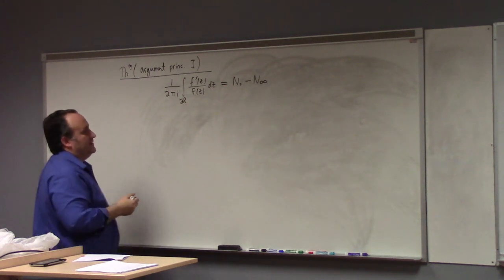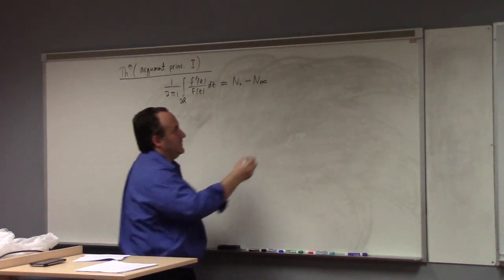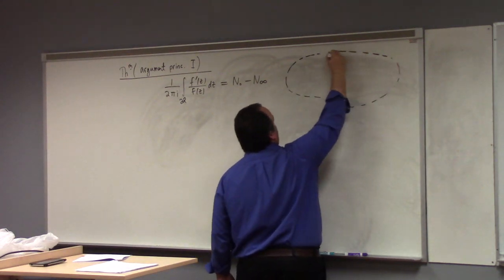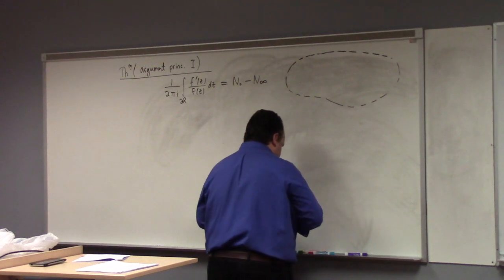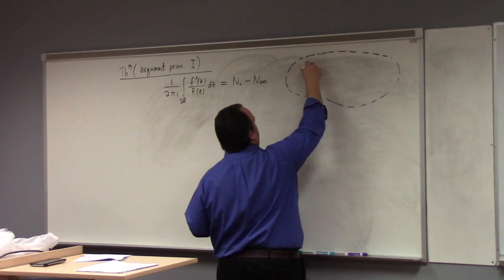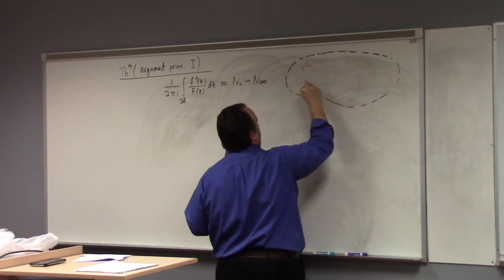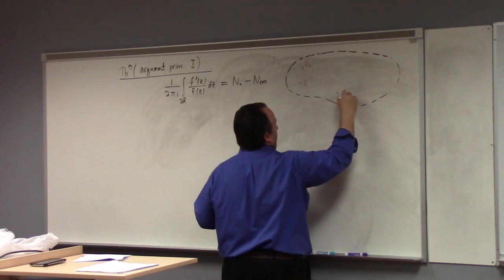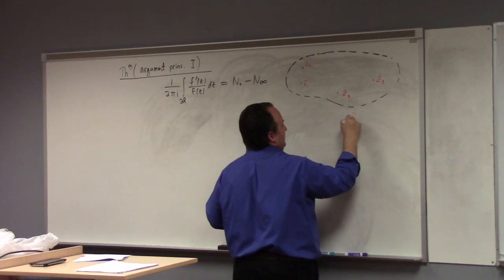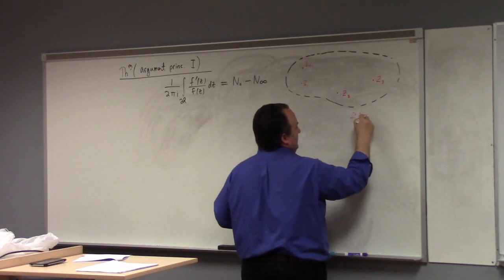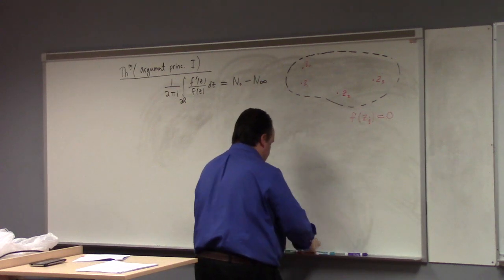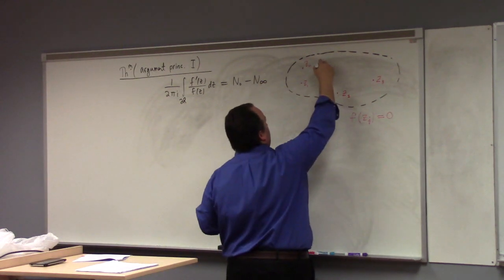It has to be meromorphic, so you might have places where f of z_j equals 0, and then you've got maybe these other ones.